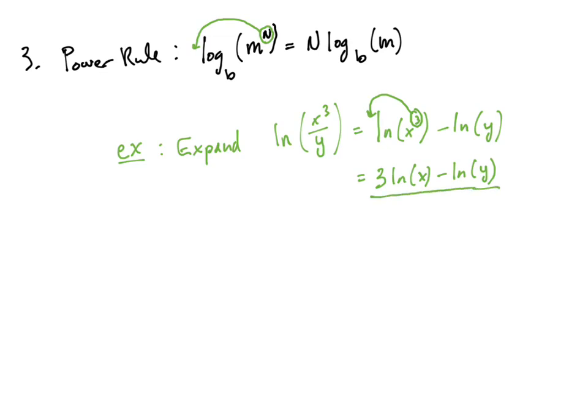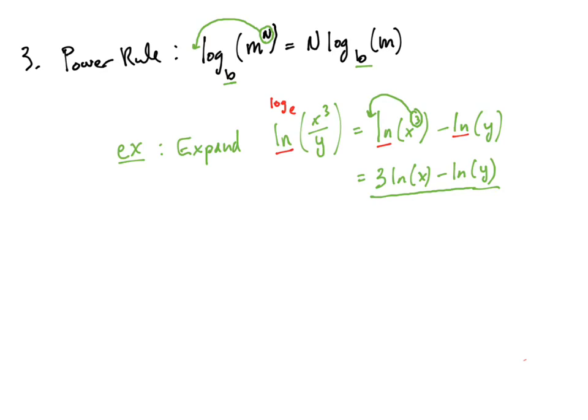One thing to note that I didn't mention previously: anytime we're expanding or condensing logarithmic expressions, it's important that the base stays the same. In this example, ln, remember, is just log base e, so I've kept log base e in each term of the expansion.